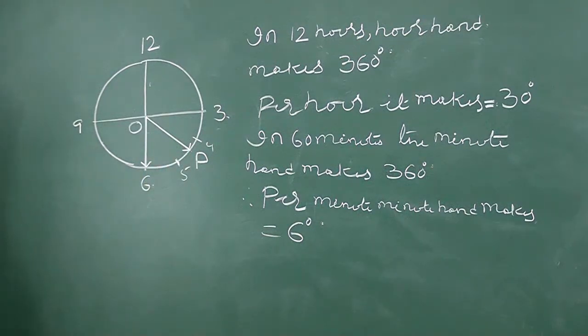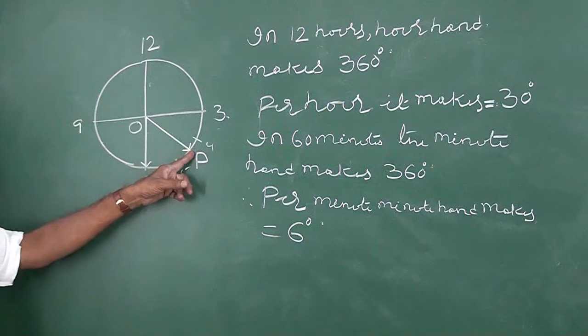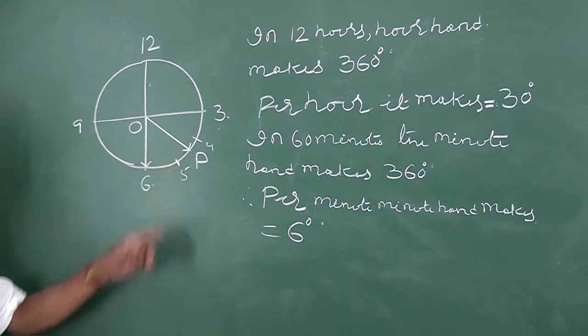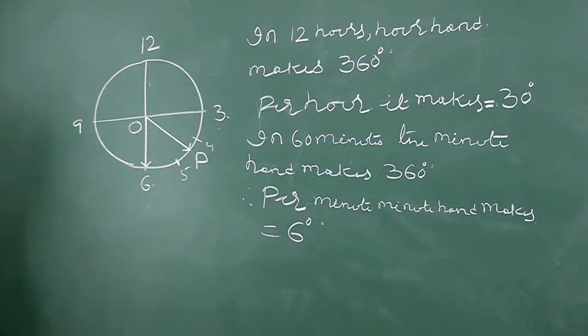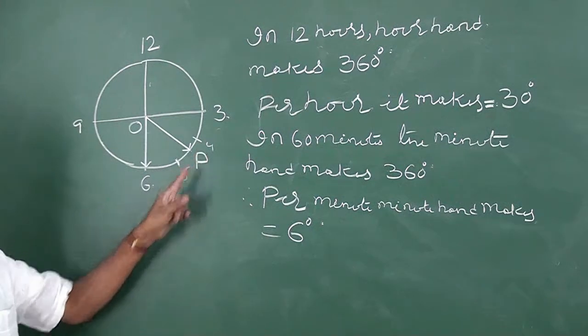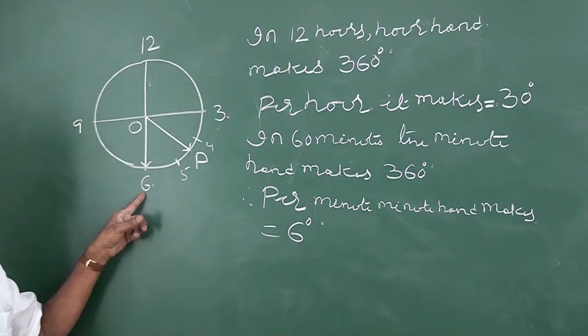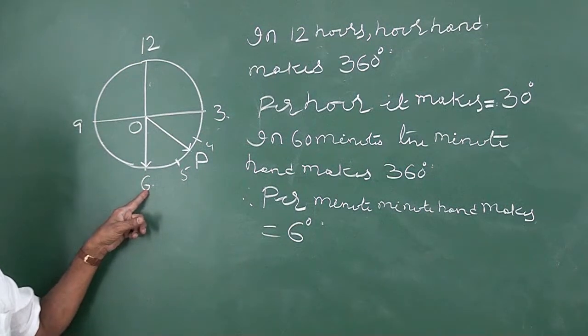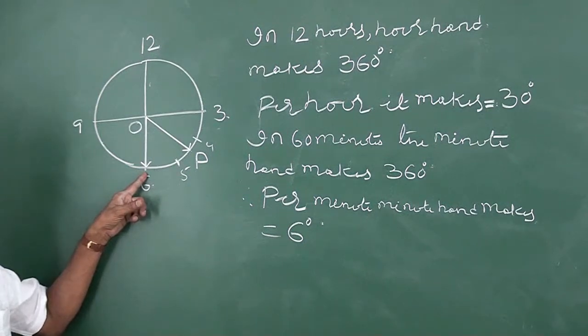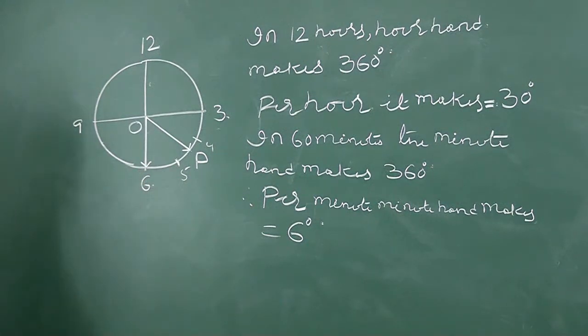That means the hour hand travels 9 by 2 hours by that time, and the minute hand is at 6.